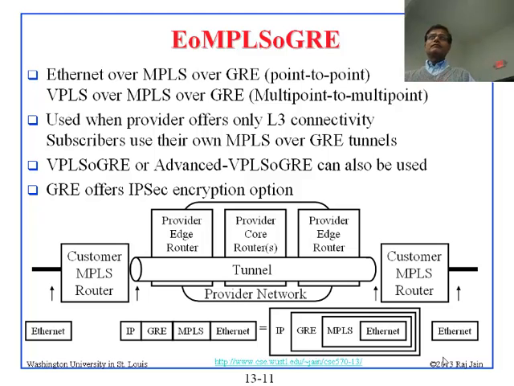Remember, VPLS stands for virtual private LAN service, by the way, not the label. So you can have multipoint to multipoint, just like a LAN. So if you want to use that, then you do it over GRE.